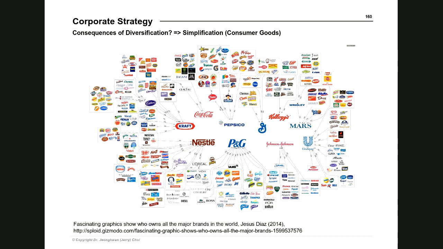And then what is the consequence of the M&A? Just a few brands or companies are surviving throughout merging. So that's becoming oligarchy. We call that oligarchy economy.